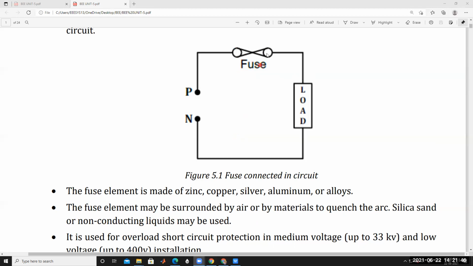When the fuse is surrounded by silica sand or non-conducting liquids, reconnection is not possible, which means the arc can be easily minimized.